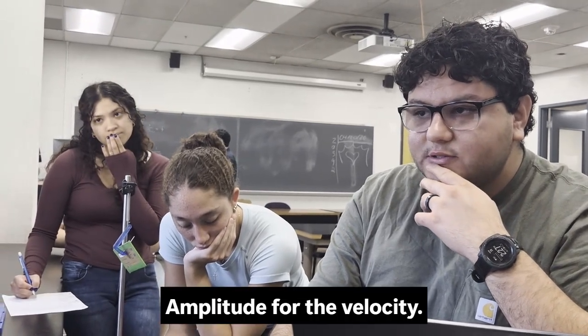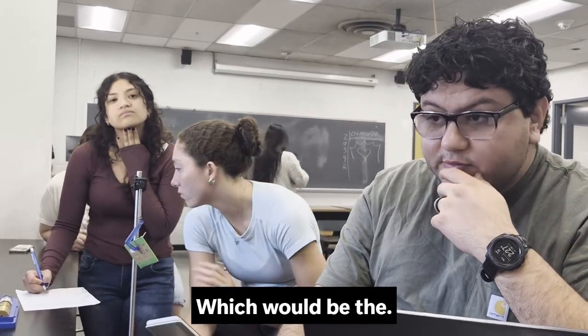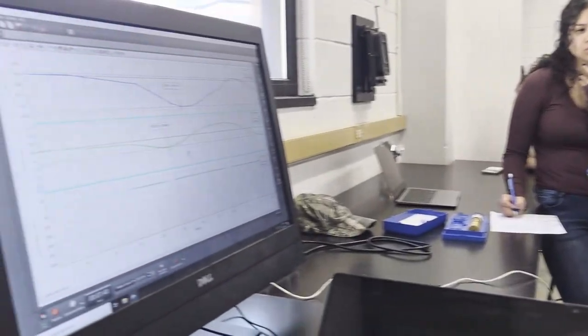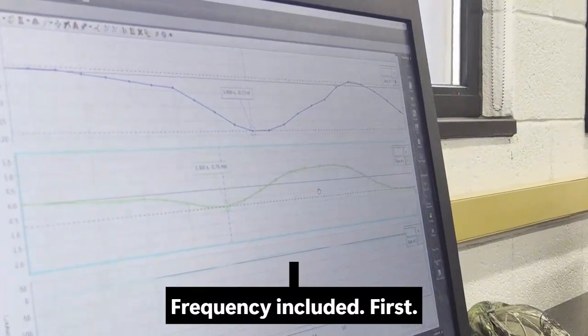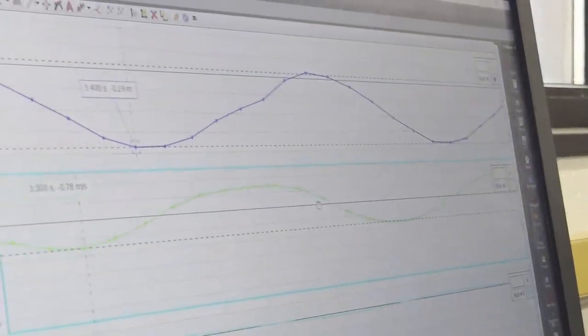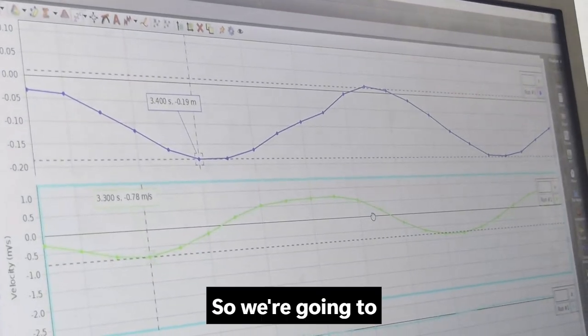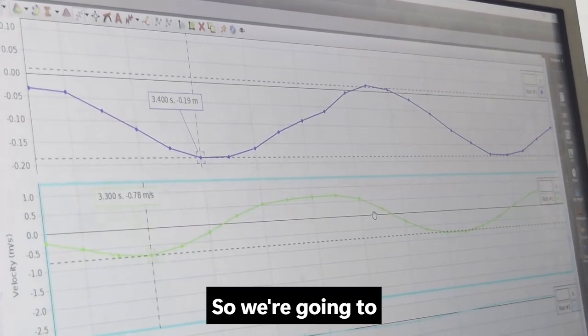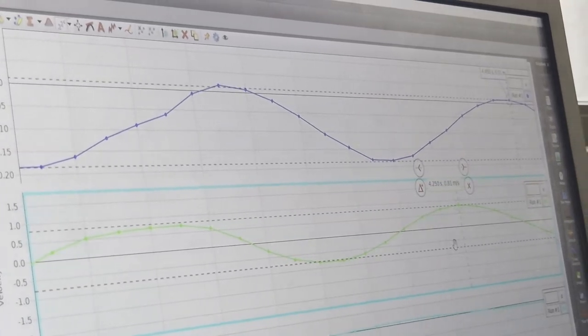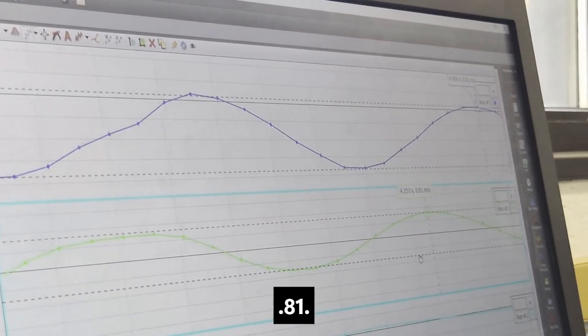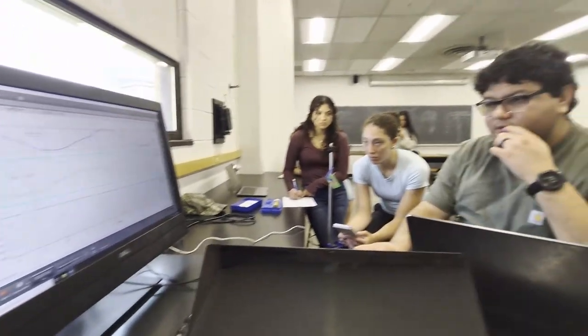Amplitude for the velocity, which would be the negative 0.78. Frequency, period first. So that's from there. We're going to start at negative 0.78 to positive 0.81.